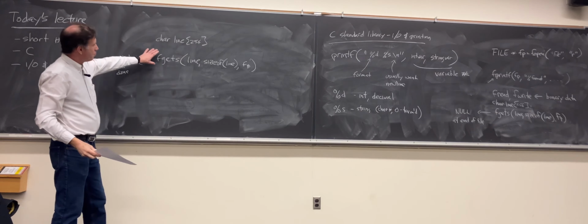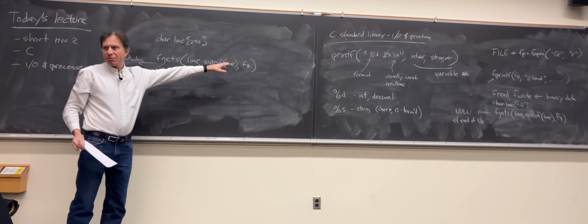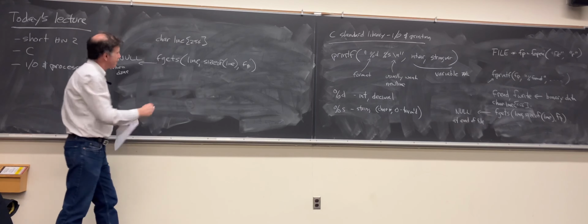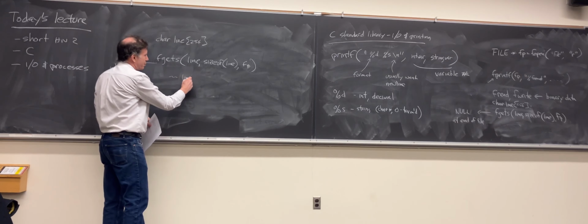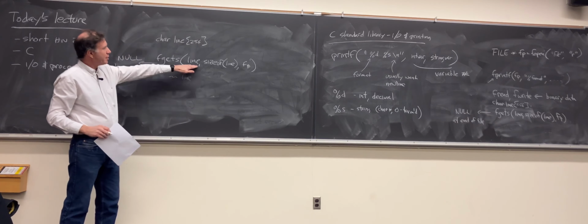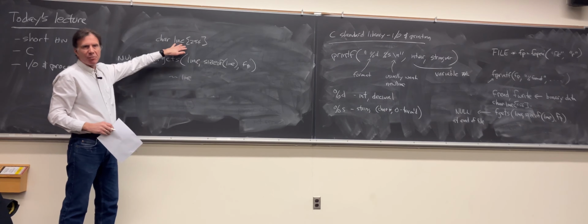So if you put this into a while loop, while this doesn't return null, then every time through the loop, it will read another line from the file into this variable here.